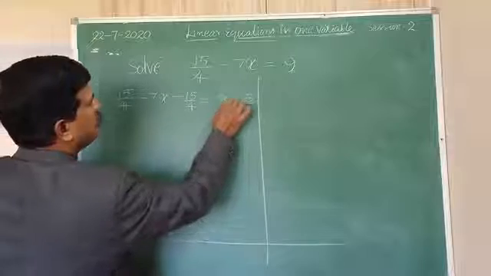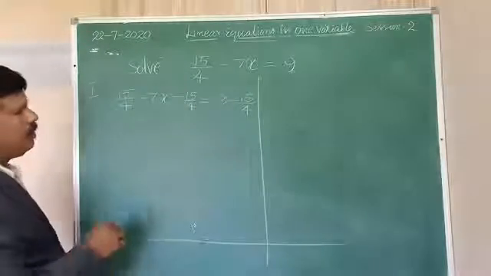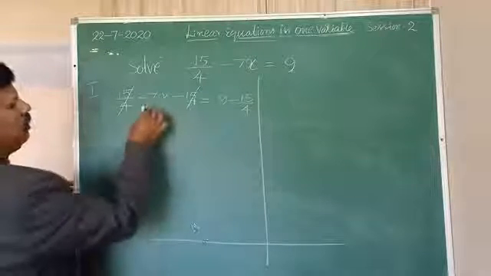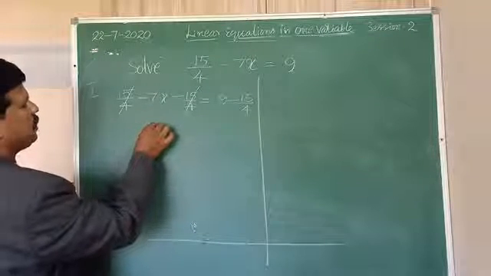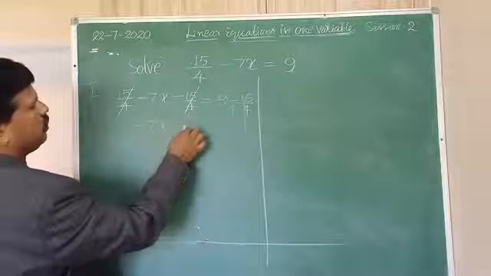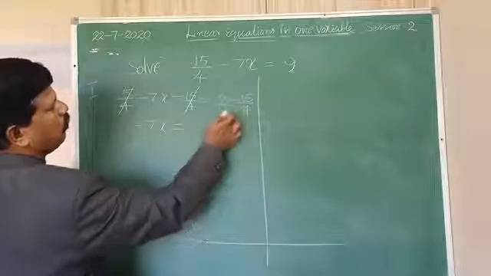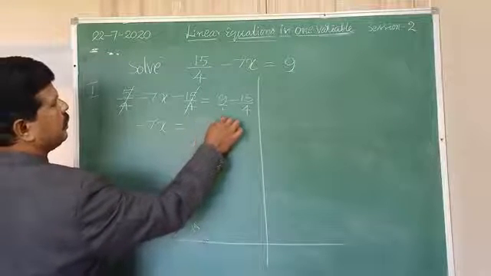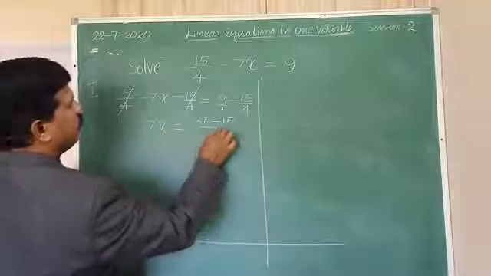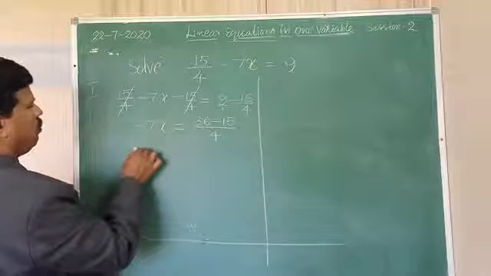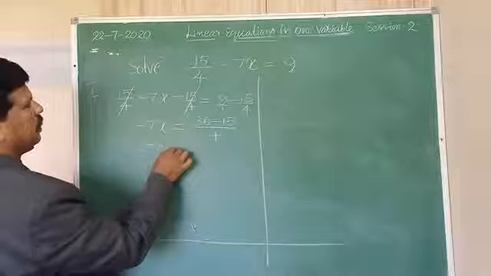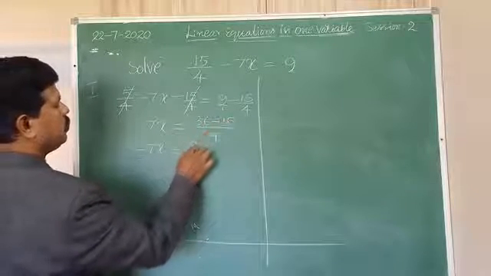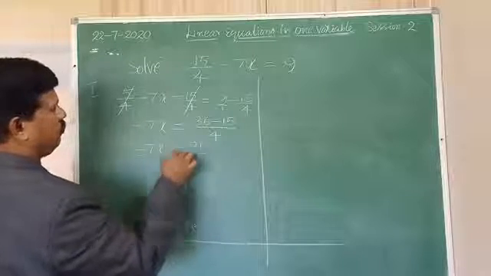Here we add minus 15 by 4 on both sides, so 15 by 4 and 15 by 4 get cancelled. Then what is left? Minus 7x is equal to, taking the LCM, 4 nines are 36 minus 15 by 4.